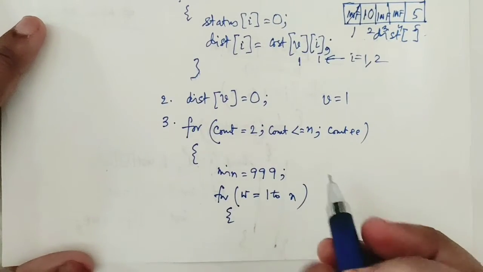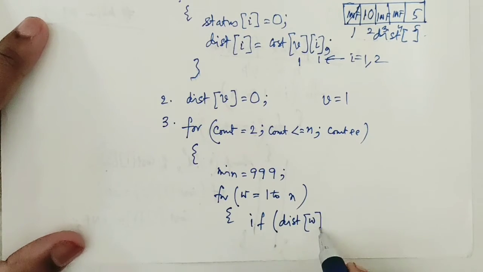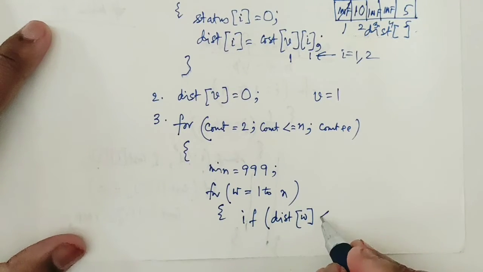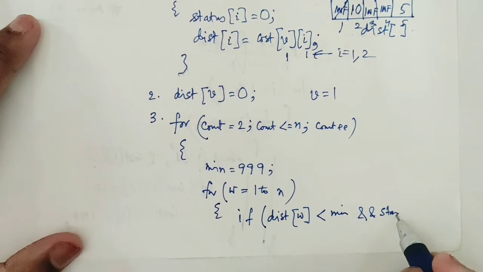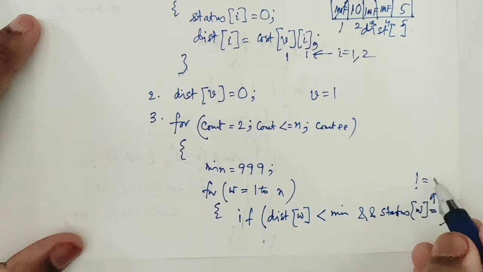You have to identify if list of w, that is list of 1, list of 2, list of 3, is less than min, and status of w equals 0, or anyone may write not equals 1.